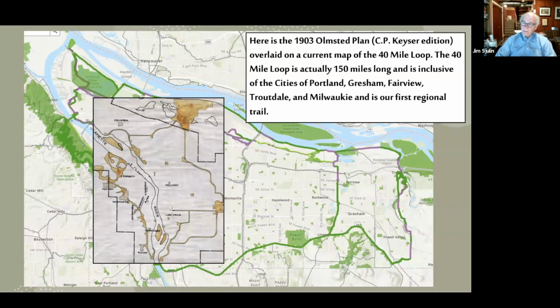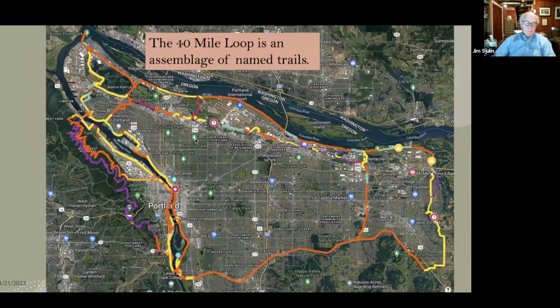And it connects the cities of Portland, Gresham, Fairview, Troutdale, and Milwaukie. So it was basically a Multnomah County urban trail system, more or less in the shape of Multnomah County. And it was our first truly regional trail that we had in the Portland area. Next slide, please.